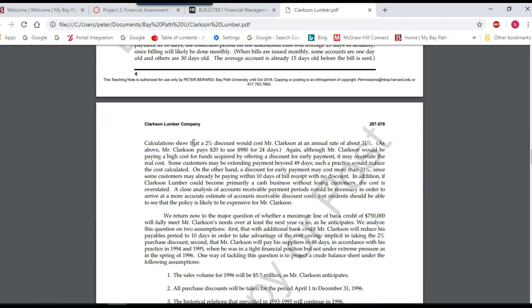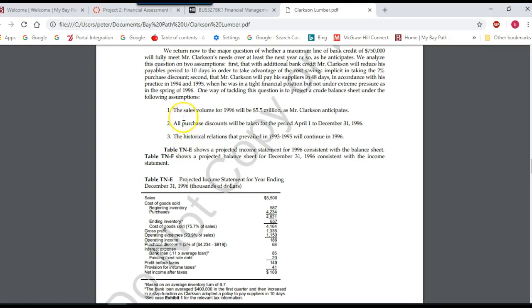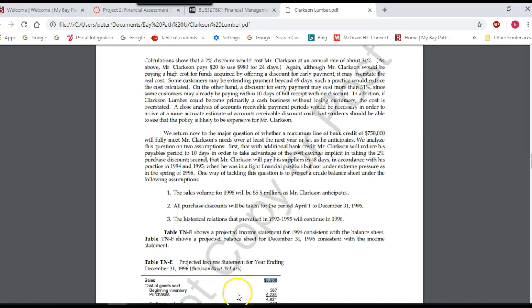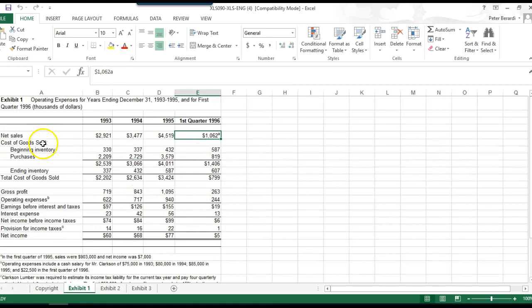So what you want to do is do a pro forma statement based on 5.5 million. And based on the income statement, what I would do is look at the percent of sales that these items are on the income statement.